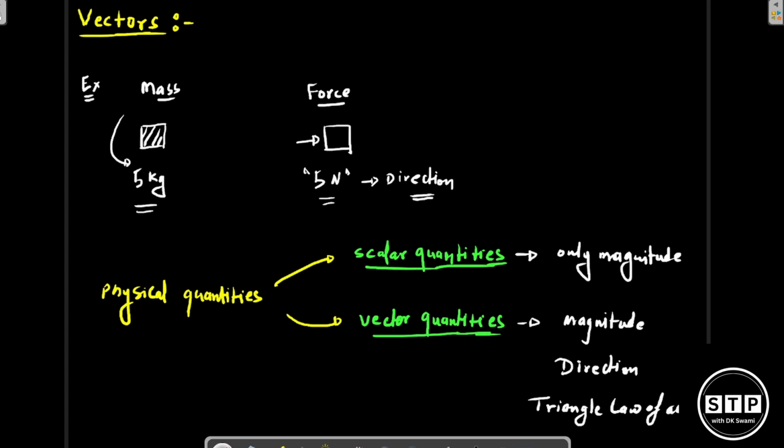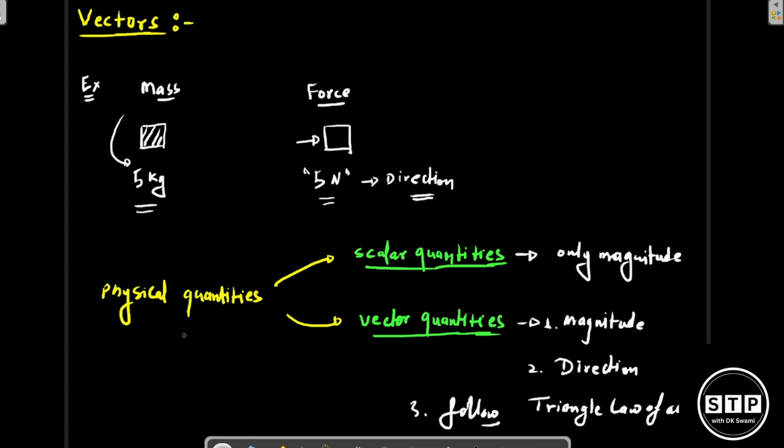So these are three conditions to call something a vector. First, there should be magnitude, there should be direction, and it should follow the triangle law of vector addition.